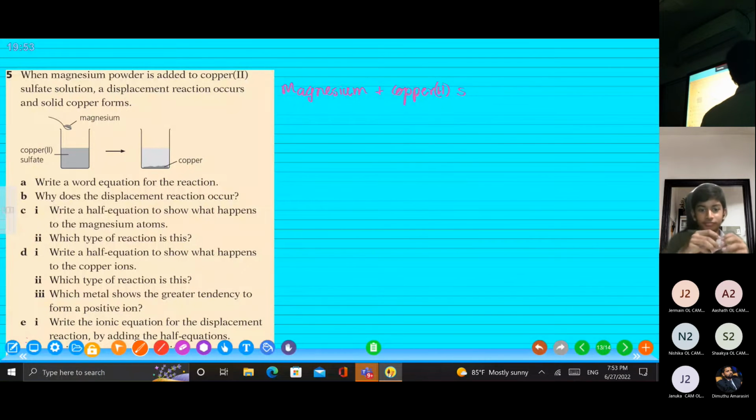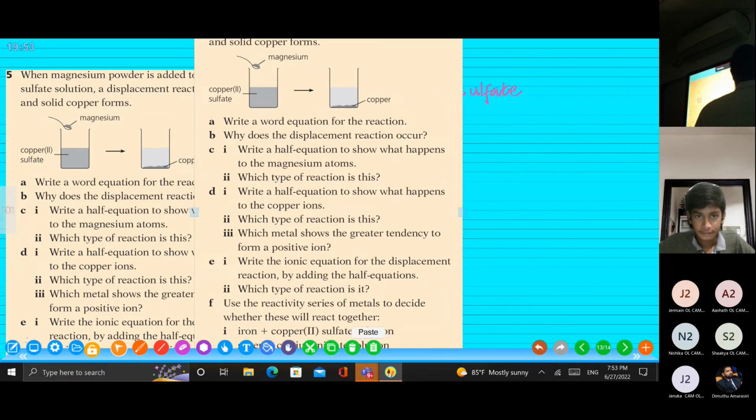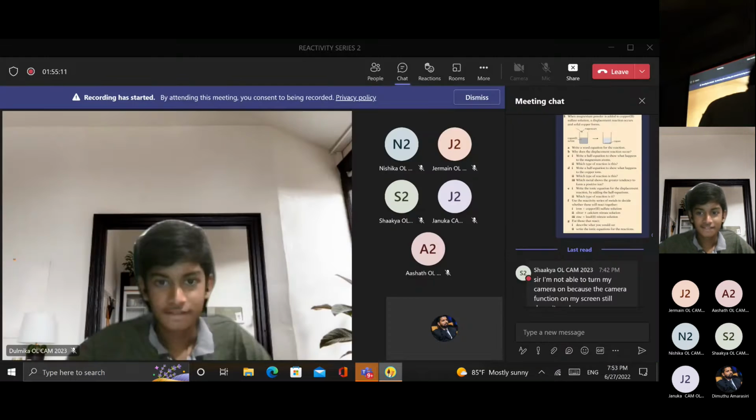Okay. Right, so copper sulfate, right? And when the displacement reaction occurs, then it's going to be what?